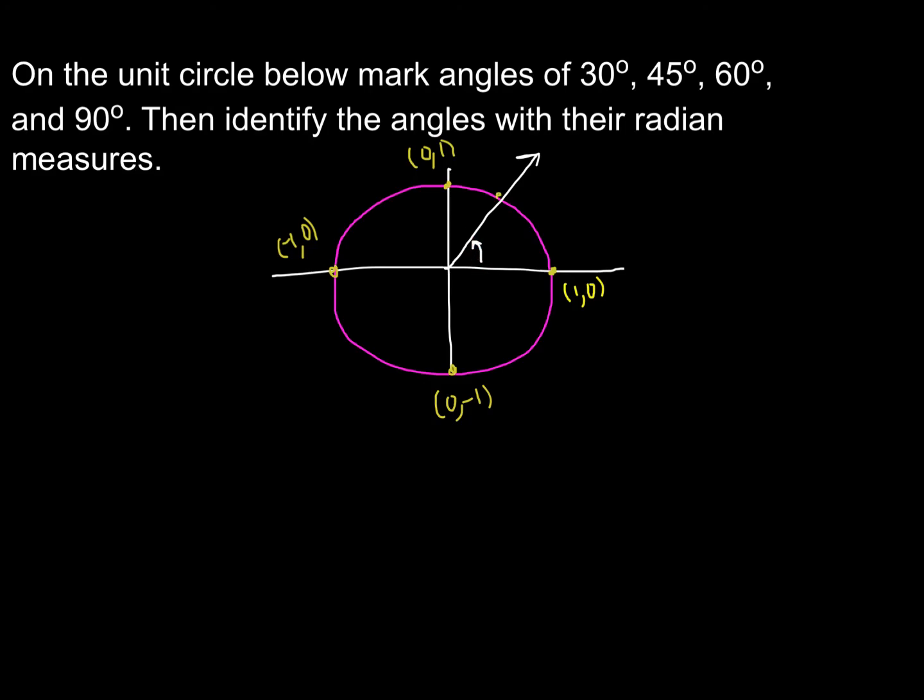Here is the point at which it intersects the unit circle, and I'm going to label this angle. This is the angle that's rotated pi over 3 radians, because this is the length of that arc, so I'm going to label it as pi over 3.